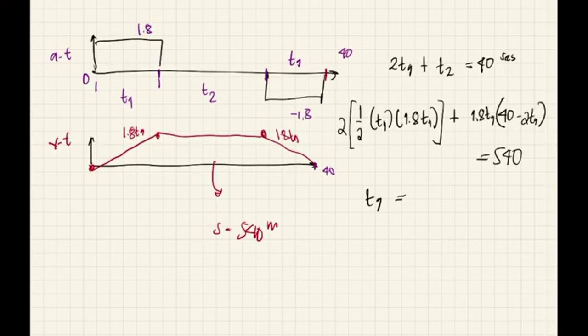Okay, so let's try to do that. 1/2 x 1.8x plus 1.8x, 40 minus 2t sub 1 equals 540.